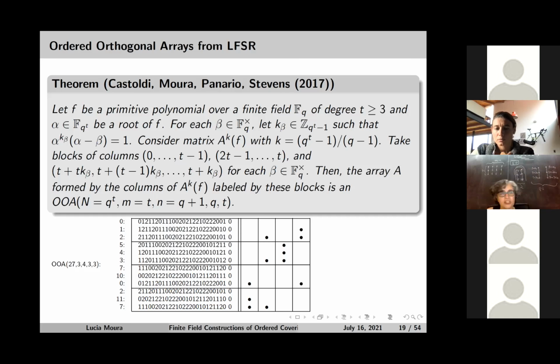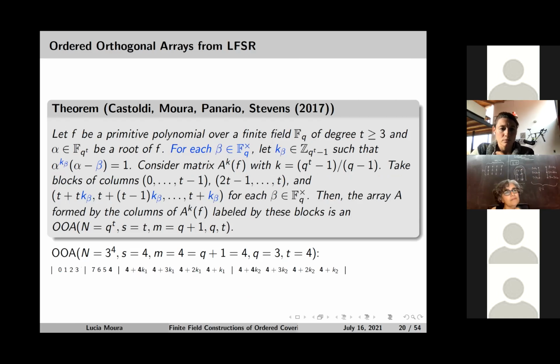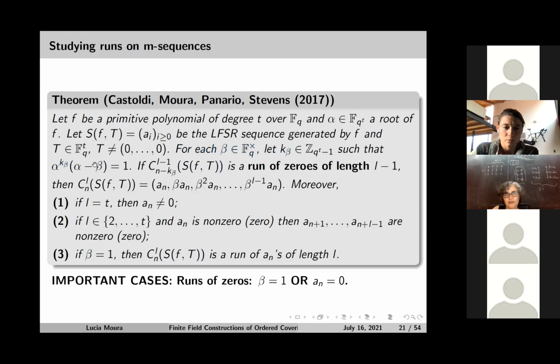So the whole thing involved studying runs of zeros in the sequence. And then I will try to give you just an idea with some examples to finalize here. Let's look at the case k equals 1 and look at a run of non-zeros.